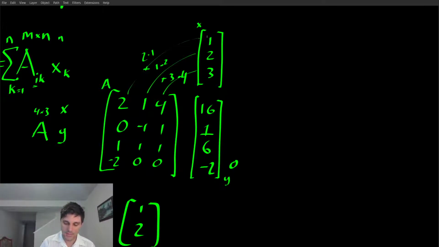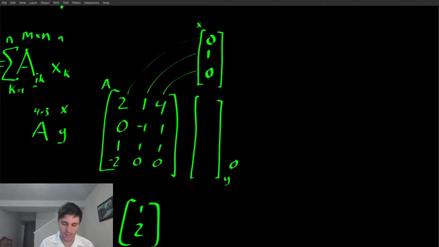I'll keep my matrix the same, but I'm going to get rid of my x's and change them. Maybe I should have copied it. Next time I'll try that. But anyway, imagine I had something like, say, 0, 1, 0 here.